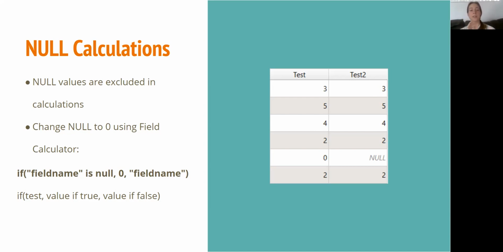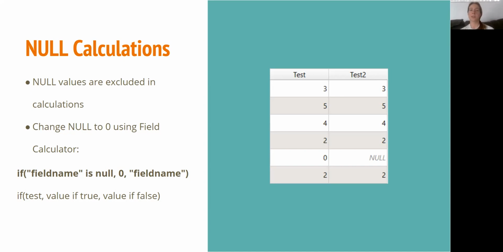And underneath that, I wrote out what exactly that if statement means. So it's basically if some test. So in this case, our test is if our field is equal to null, and then value of true. So if our field is indeed null, put that as a 0 instead. And then if it's false, if that field is not null, just keep it the way it is. Keep it as whatever field value it is.